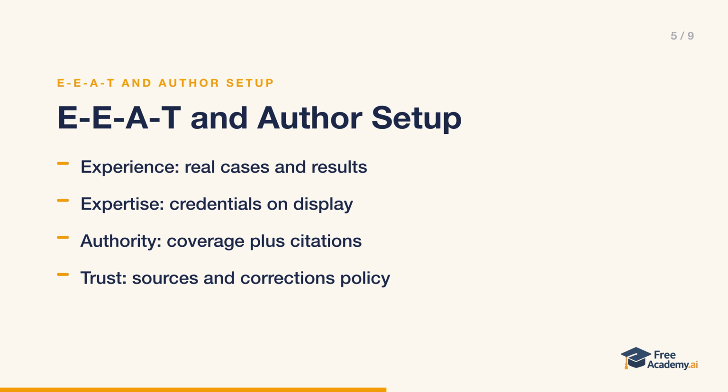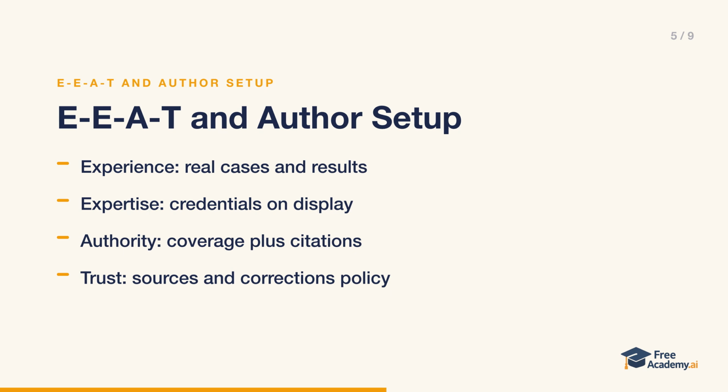Now, the EEAT checklist, 1 group per letter. Experience, first-hand experience demonstrated, specific examples from direct work, case studies with real results, and practical tips beyond theory. Expertise, author credentials displayed, professional qualifications listed, relevant experience mentioned, technical accuracy maintained.